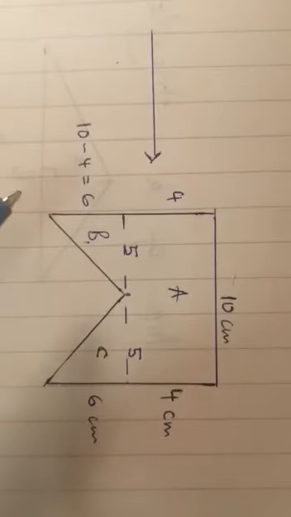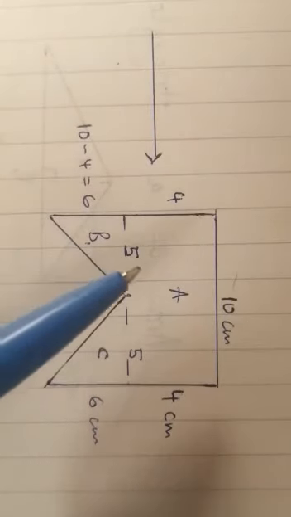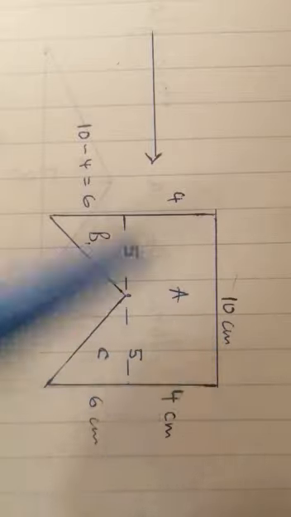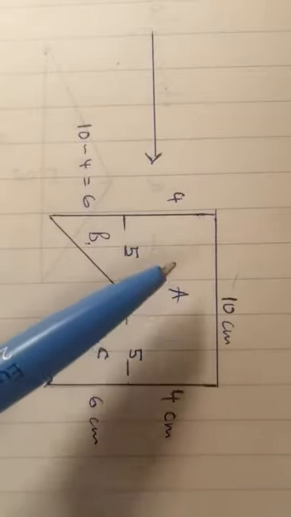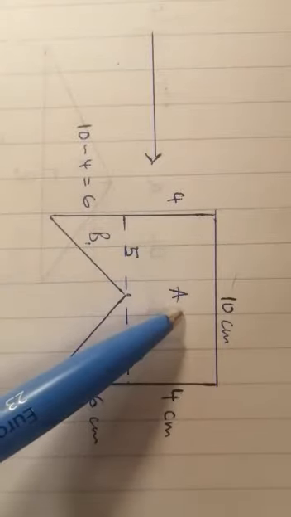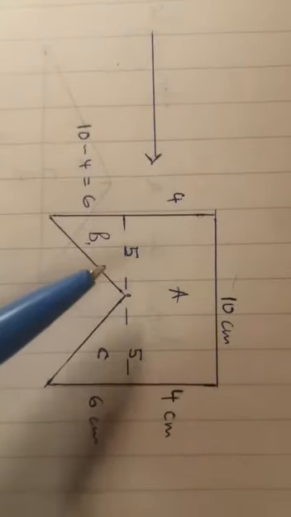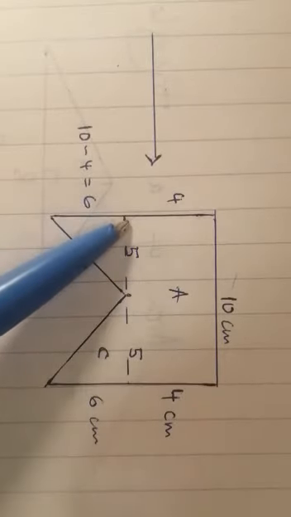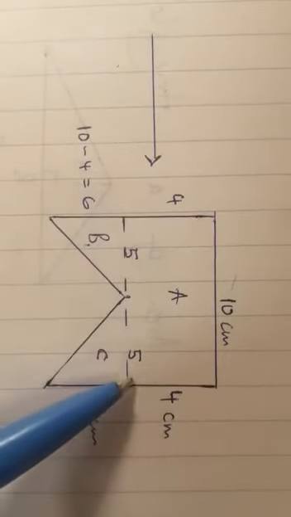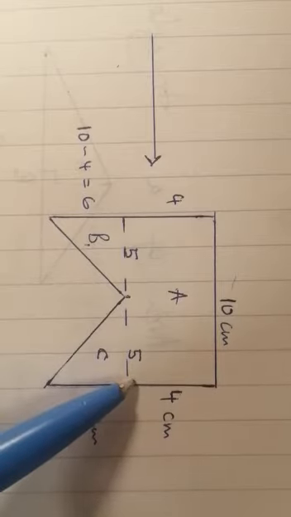So we have found the length of the rectangle, we have found the width of the rectangle. That means we can find the area of A. We now want to find the area of B. We know that the length from this point to that point is 10 centimeters.